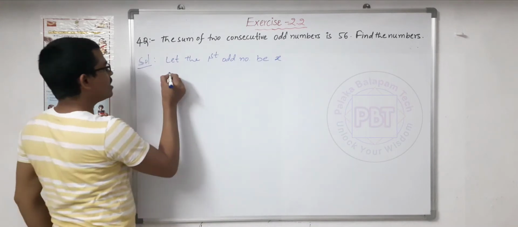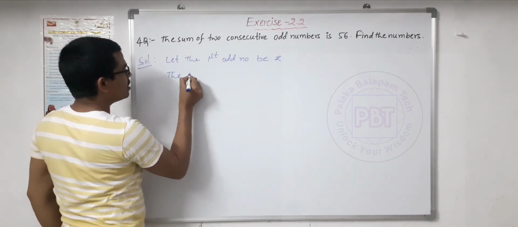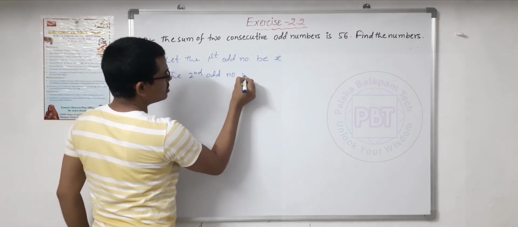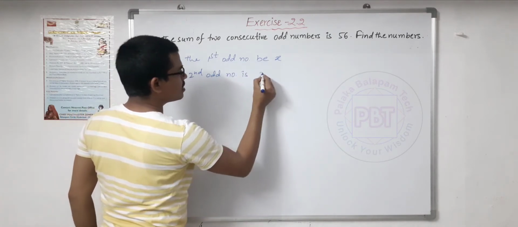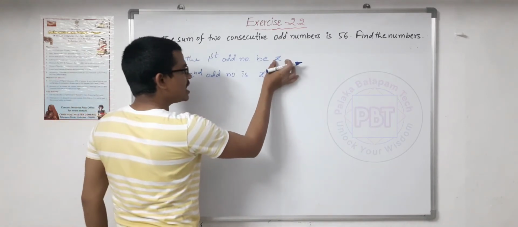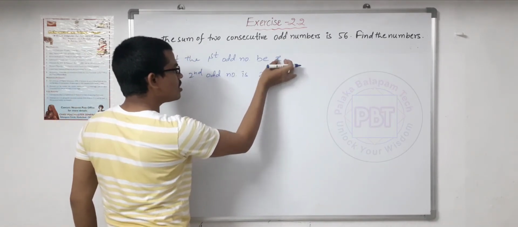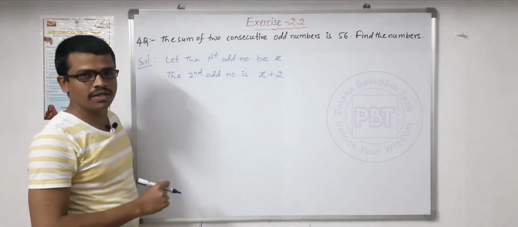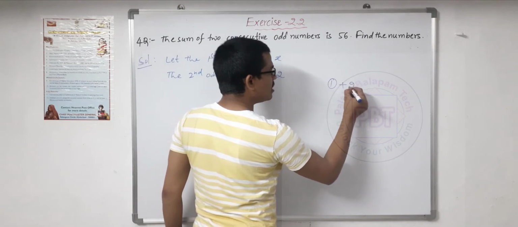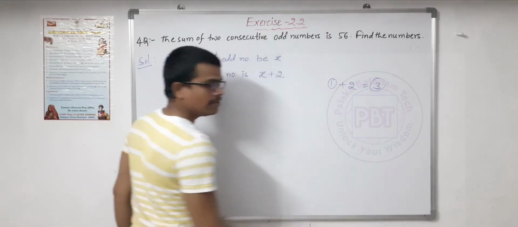Then what is the second odd number? x plus 2. Yes or no? Whenever you add 2 to the first odd number, you will get the next odd number, isn't it? So 1 is the first odd number. If you add 2 to the 1, then you will get the second odd number 3.